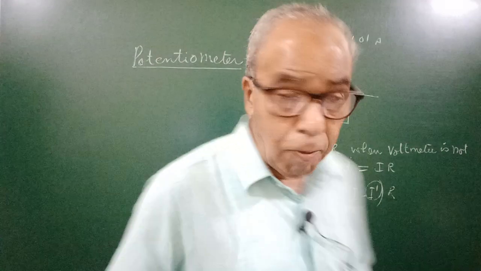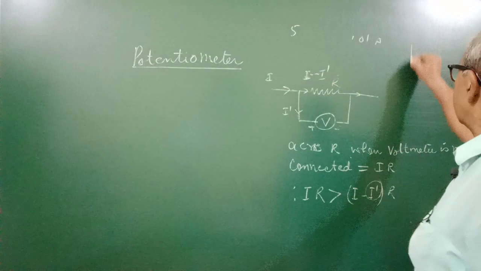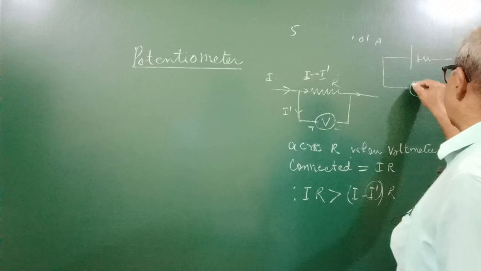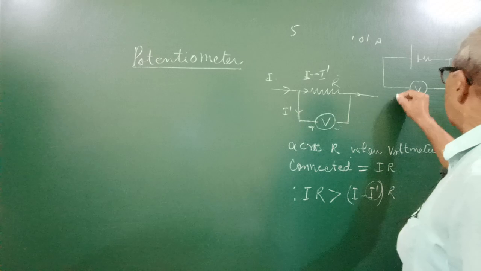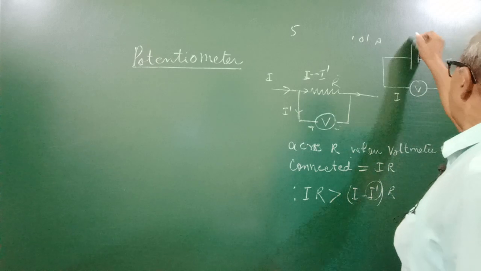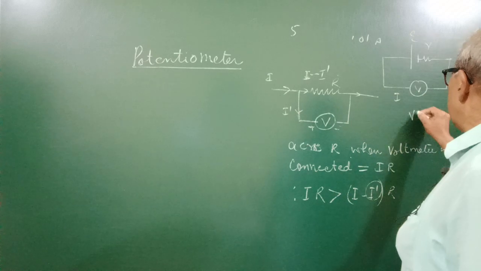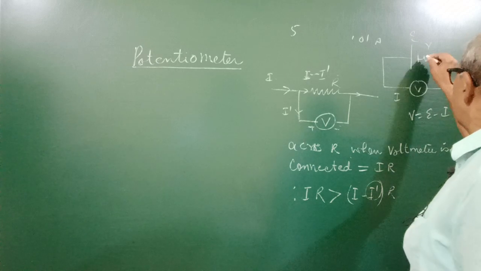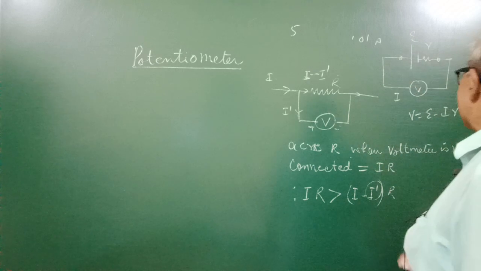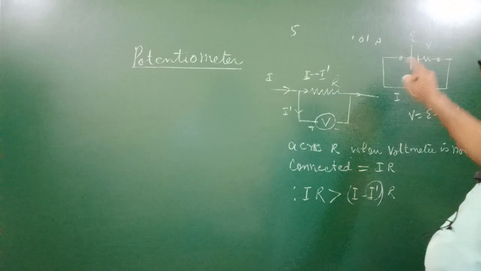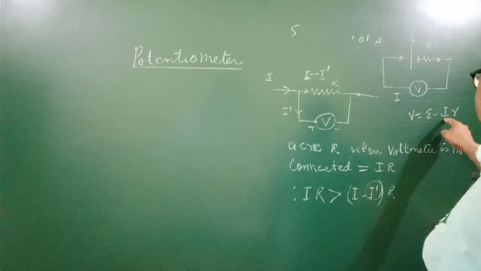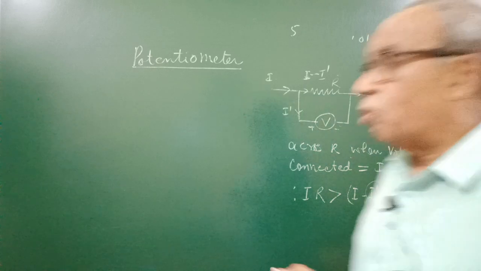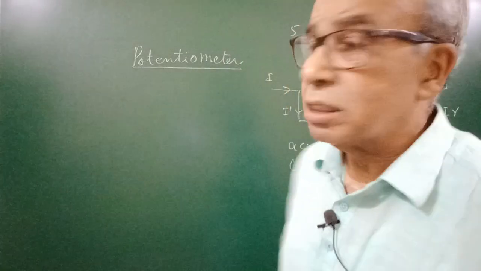In the case of a cell, it has internal resistance, and if we connect a voltmeter here, some current, may be very weak, will flow, and then V will be equal to E minus Ir. So the terminal voltage will always be less than the actual one. Even if I is negligibly small, it is always less.